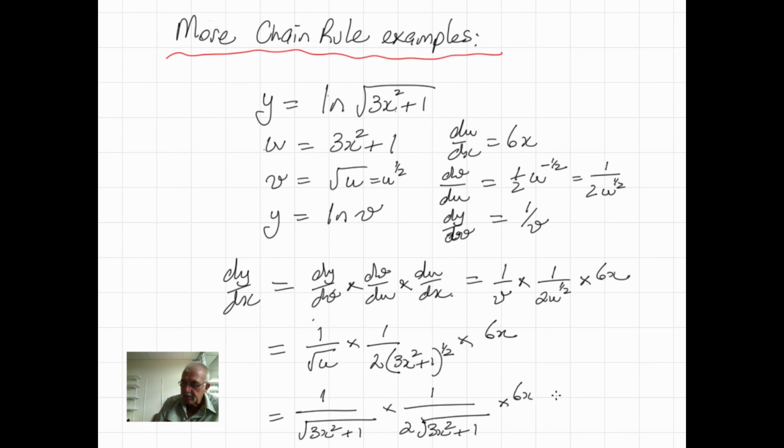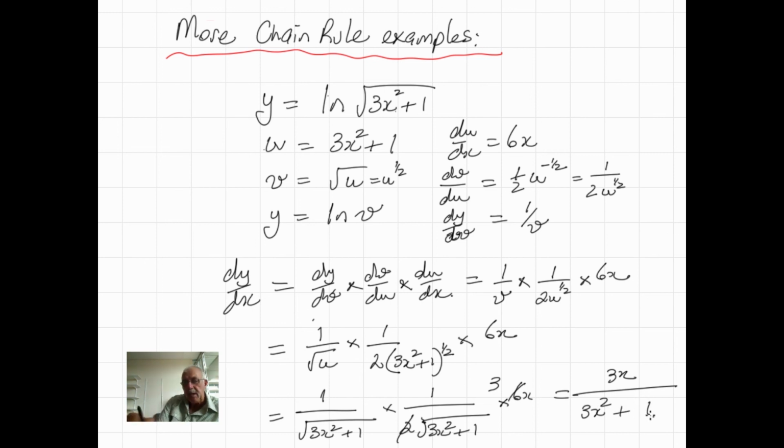Times 6x. Now the 2's will cancel. We multiply out the top and we get 3x. And the square root of something times the square root of something will be just that something. So it'll be 3x over 3x squared plus 1.